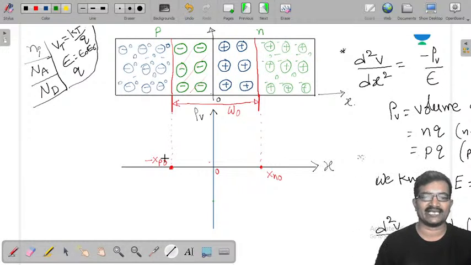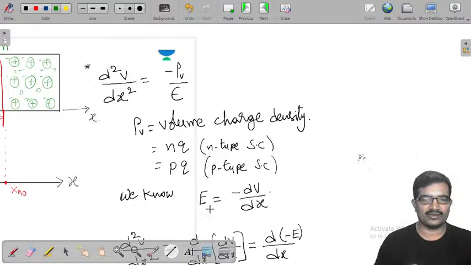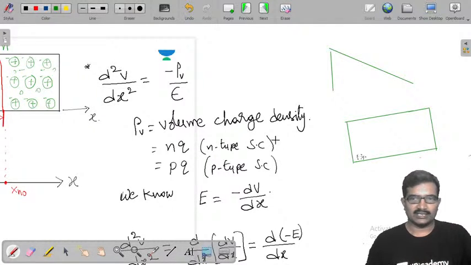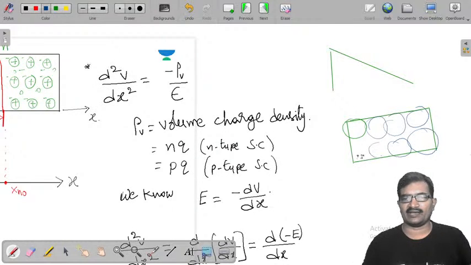Uniformly doped means, if we take a semiconductor like this, whatever amount of impurity you add at this region, in this corner and in that corner, at every point you add the same amount of impurity.